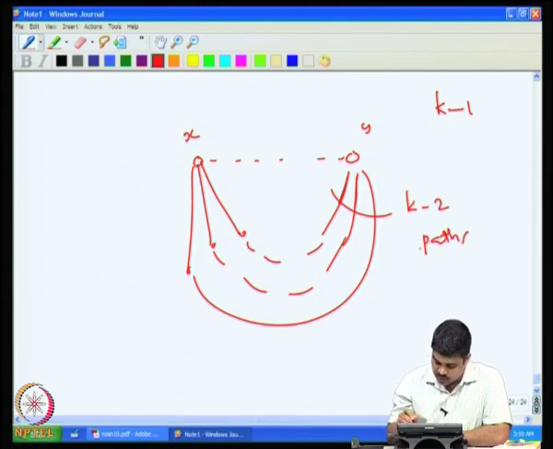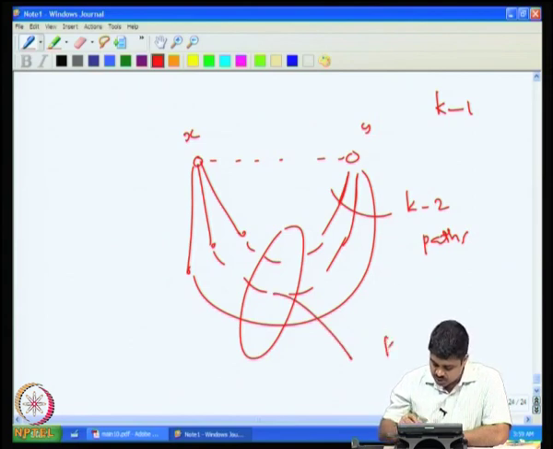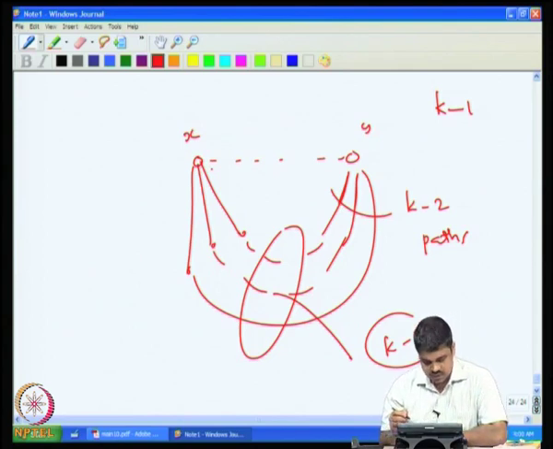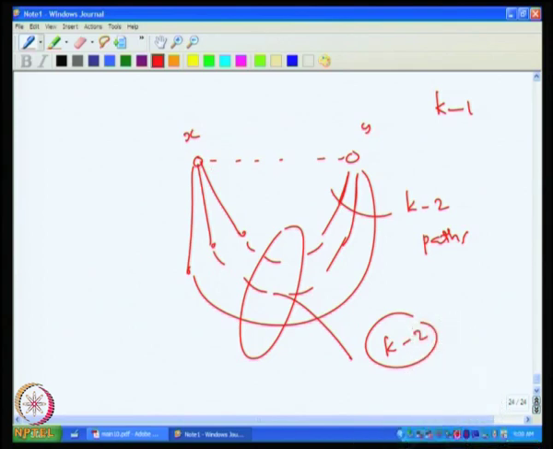But if there are k minus 2 vertex disjoint paths between x and y, then we can remove a set of cardinality k minus 2 and separate x from y.